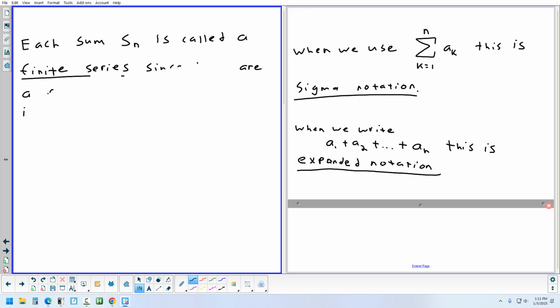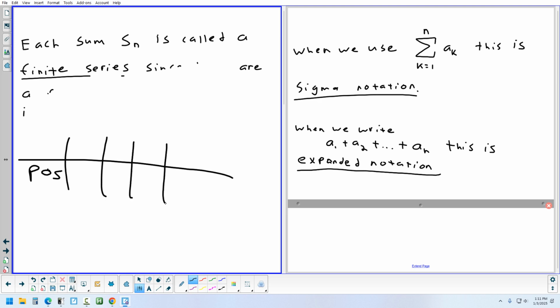Let's make up a sequence. And I'll give you the first 4 terms. Let's say that this is 5. This one is 7.